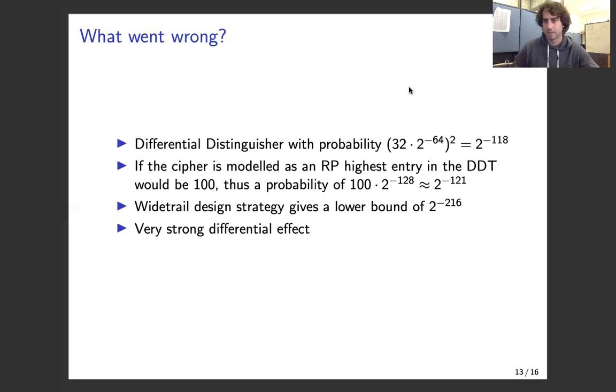And what the Widetrail design strategy does not account for is the existence of differentials. This actually is one of the major pitfalls of using the Widetrail design strategy for the analysis of the cipher.